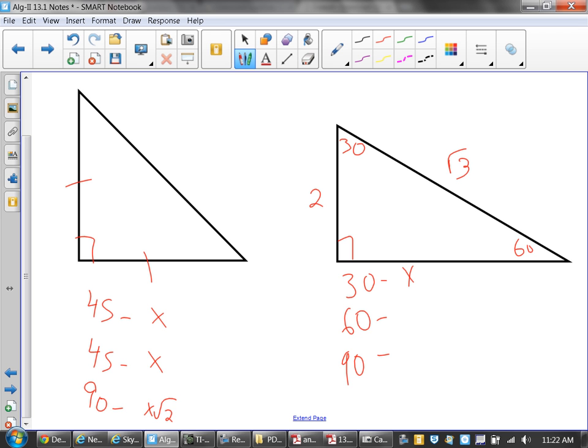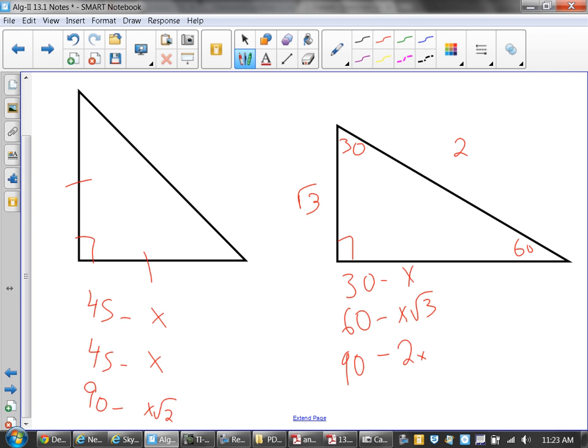What number is bigger, 2 or the square root of 3? So that means 2 would have to be here, right? You remember that trick when you're dealing with angles and their sides opposite them? The smallest angle will always have the shortest side length. The largest angle has the largest side length, and so on. If they're the same angle, they have the same sides. Go figure. It's crazy how math works.